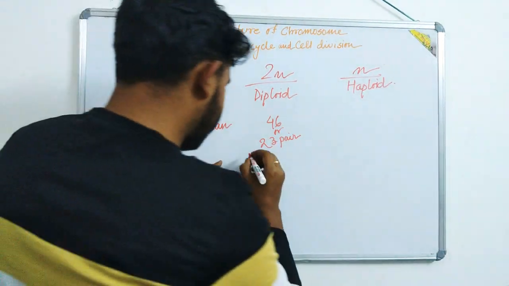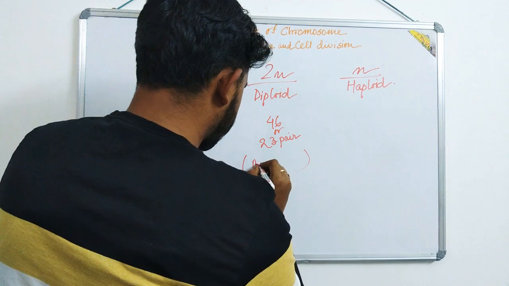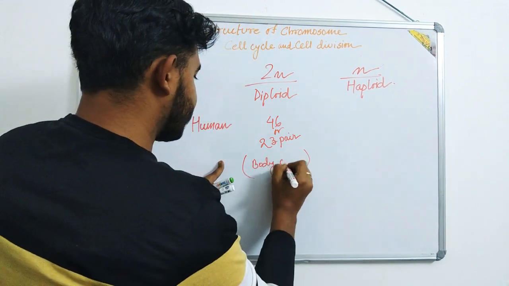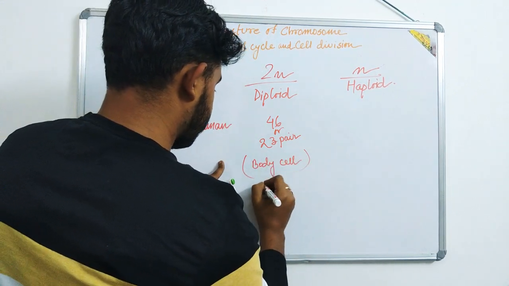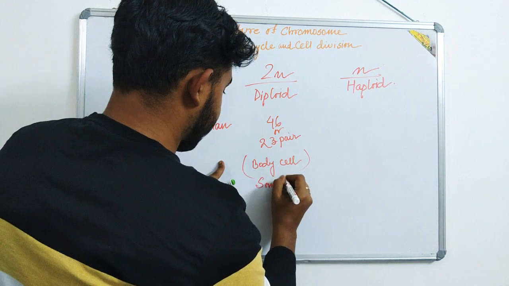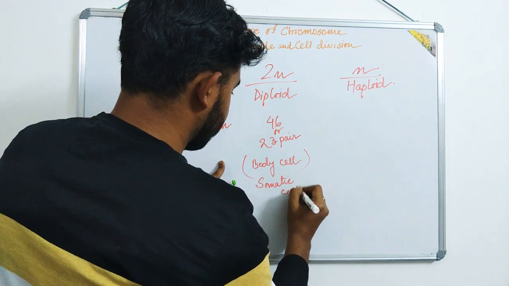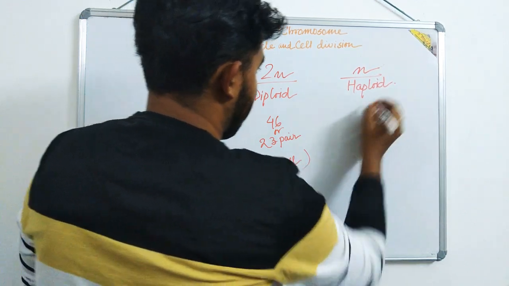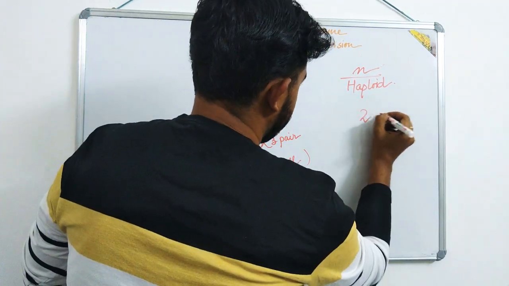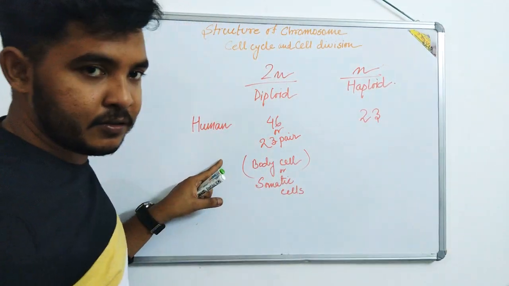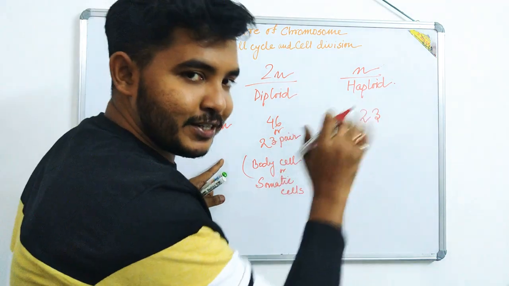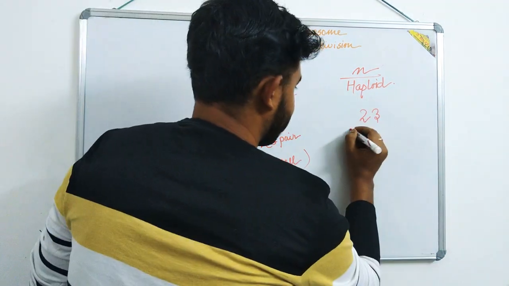That is in our body cells, or specifically you can say somatic cells, and in haploid there are 23, not pairs, just 23 chromosomes.